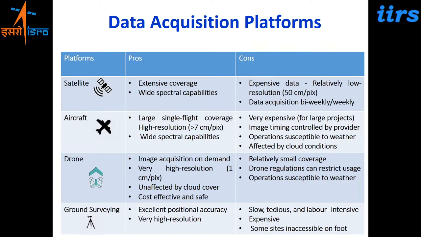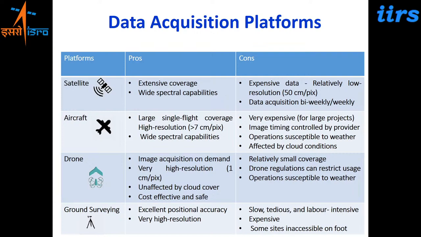Now, in contrast to this, there is another platform, the ground-based platforms, which provide very, very high resolution information, but they are limited in spatial extent. That means you can't cover a larger area. The coverage is very, very less, but they give you very high resolution and excellent positional accuracy, right?